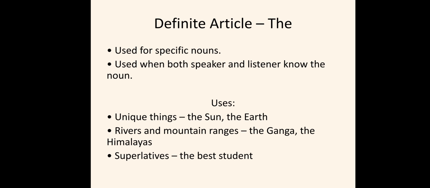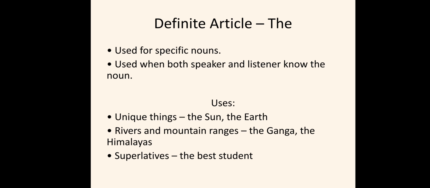The uses of the article the are given here. Unique things: the sun, the earth. We have always heard about the sun, the earth. Sun and earth never come without the, so we use the sun, the earth, the ocean. These are unique things.